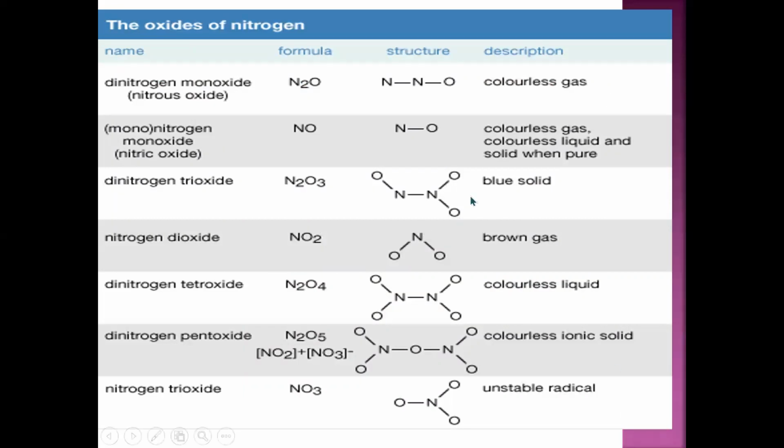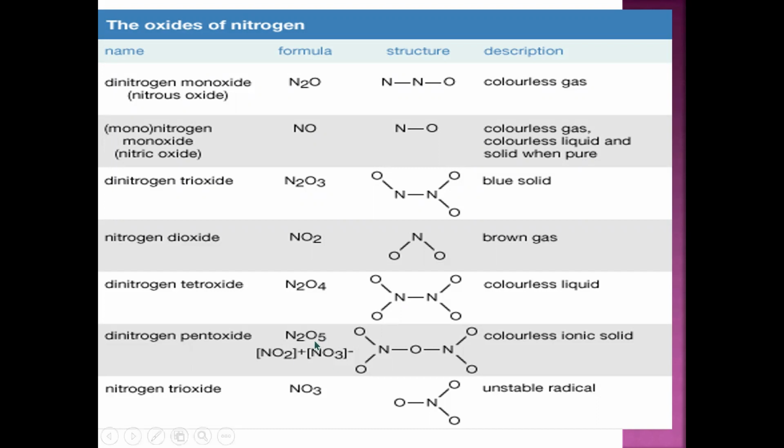For this, you can take a screenshot, because in this you have the structure also. Sometimes they can ask you to draw the structure of N2O4. At that time you have to draw this structure, and you also have to tell the nature or description.